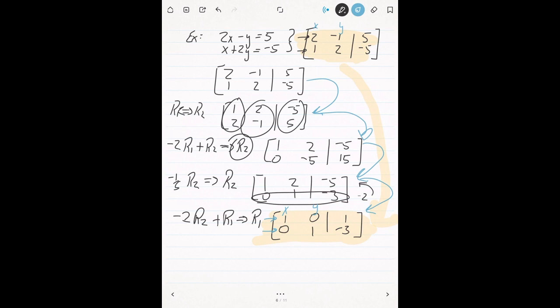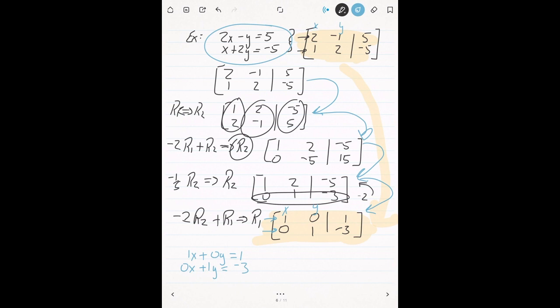We started with 2x minus y equals 5. And we had x plus 2y equals -5. Our new equations say 1x plus 0y equals 1. And 0x plus 1y equals -3.